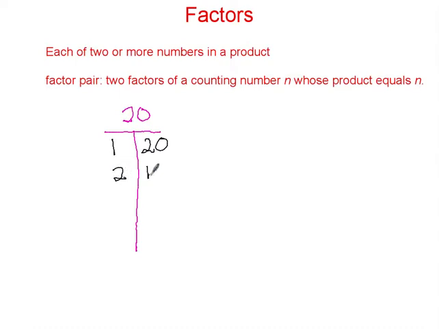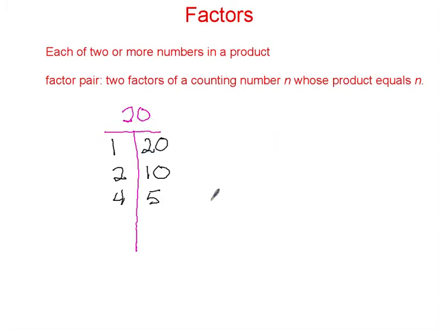Then 2 and 10. 3 doesn't work, so then we go to 4 times 5. And this is a good clue here: as long as you keep in order, 1, 2, 3 doesn't work, you get to 4. The next number is 5, so then you know you have all of the factor pairs for 20.